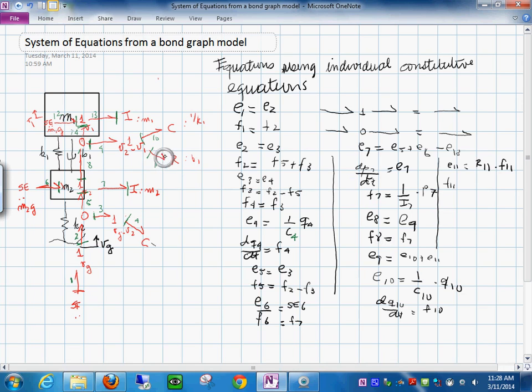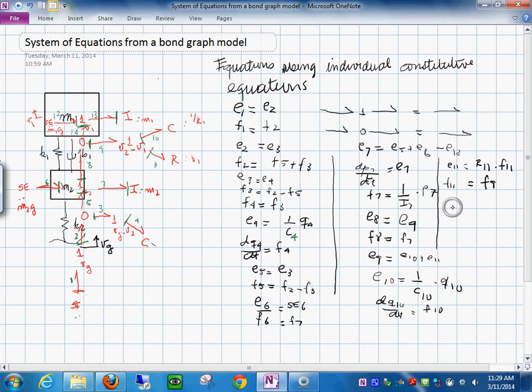And F11 right here is F sub 4. Yeah, F11 is equal to F sub 9. Yeah, this one. And so we don't produce any more differential equations from the system. So that is, all right.